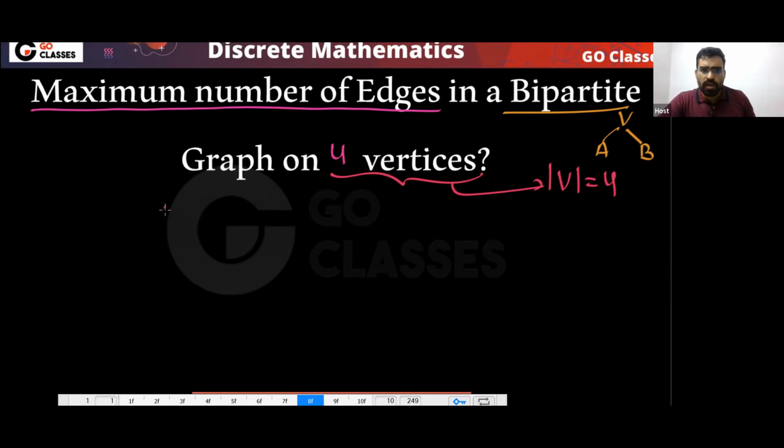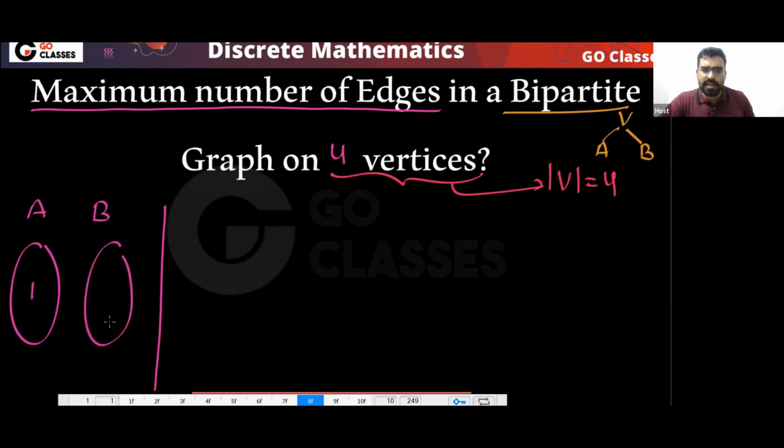Now we don't know. For example, if I give you a particular A comma B, say one vertex here and 3 vertices here, then tell me what is the maximum number of edges you will get?